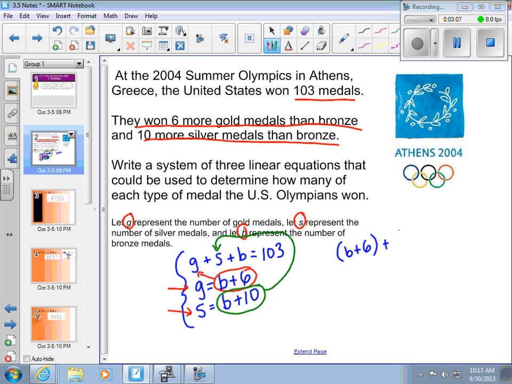Now we're going to substitute in for S. S is bronze medals plus 10, plus our 1 bronze medal equals 103 total medals. Now we could solve this and figure out how many bronze medals there were.